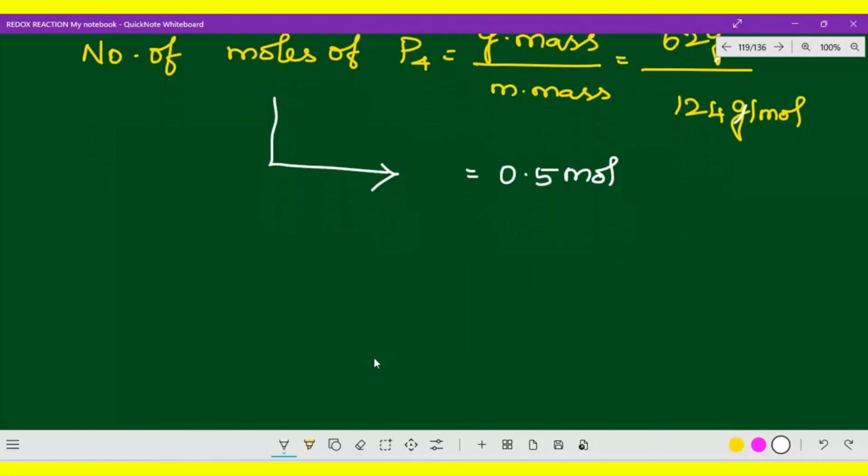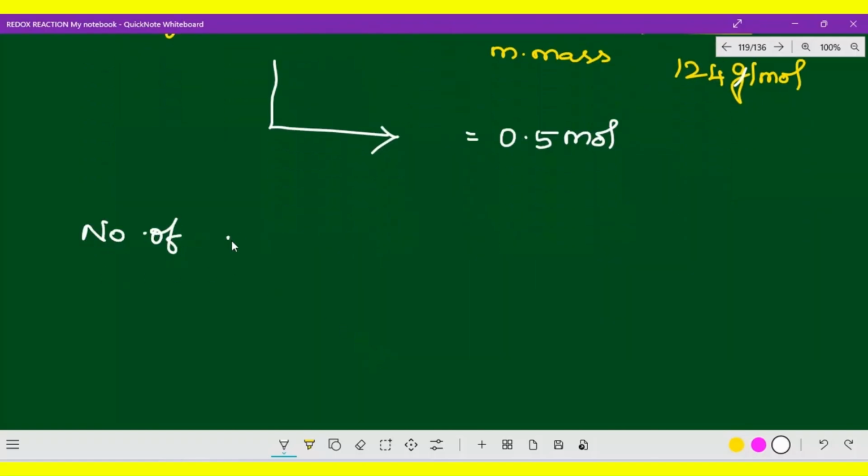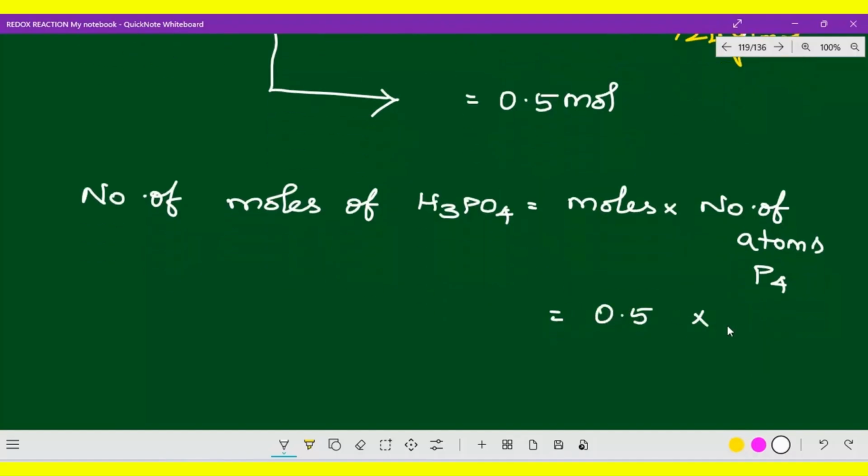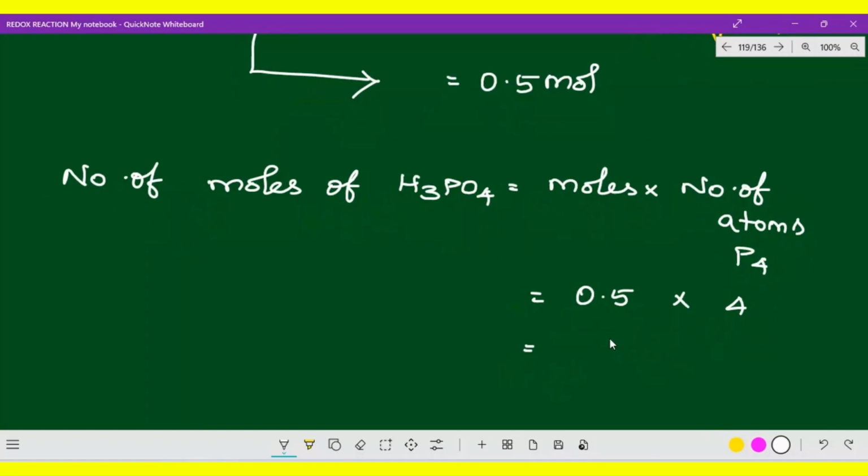Okay, now number of moles of H3PO4. That is moles of P4 into number of atoms. Moles of P4 is 0.5 moles, the number of atoms is 4, so you will get 2 moles of H3PO4.